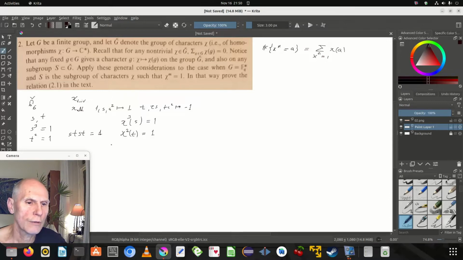And then this one as well. Oh, so that implies that psi squared must be unity.